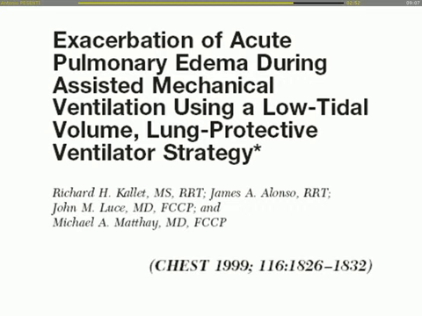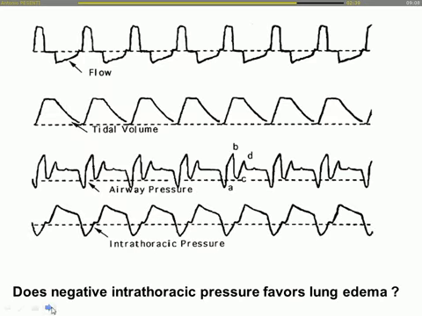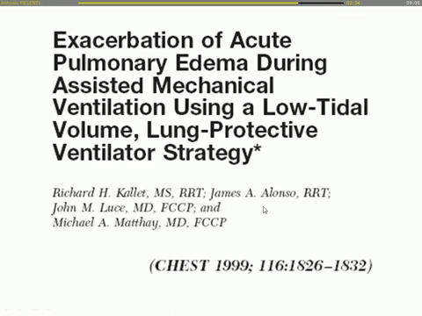In these patients that were ventilated with low tidal volumes, patients in assist control, they were rather dyspnoic because of the low tidal volume. So they generated huge negative intrathoracic pressures, and they got, as the title says, acute pulmonary edema in ARDS patients. Please go and read this paper. These are data from the ARDS low tidal volume versus high tidal volume patients.